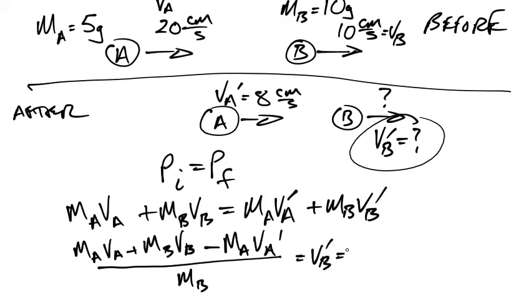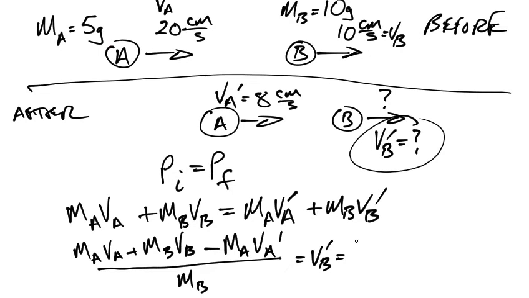And now I can plug in my numbers. What's MA? Well, MA is 5 grams, so that's just 0.005 kilograms. And by the way, just to let you know, I'm solving this in terms of grams and meters per second.